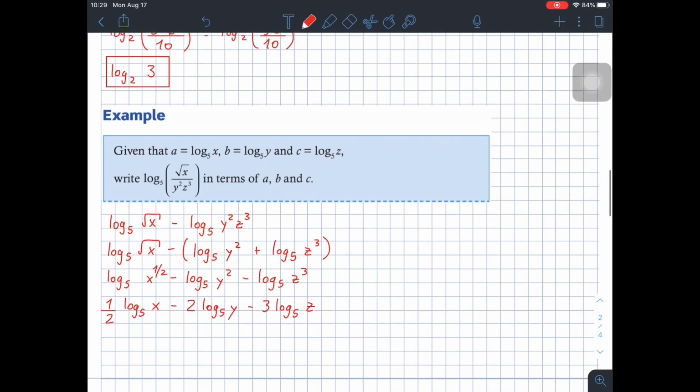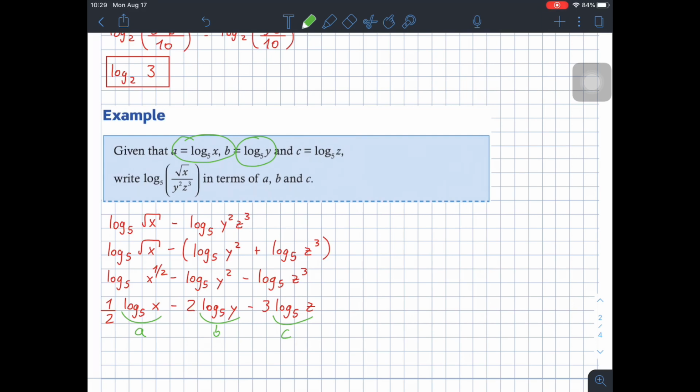And that's it. Why? Because now we can replace their equivalent values. If you see, this is a, right? A is log base 5 of x. This is b, log base 5 of y. And this over here is c, which is log base 5 of z.